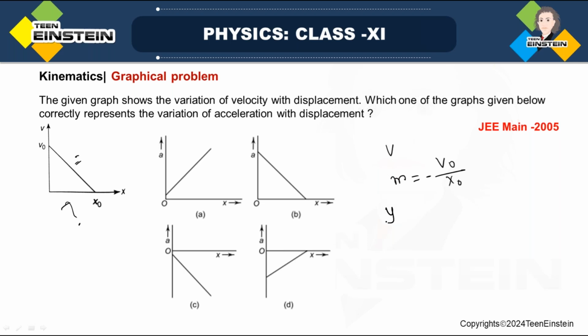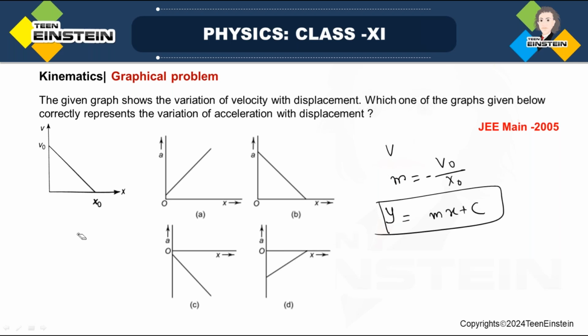So what is the equation? Equation is, for a straight line, this will be mx plus c, isn't it? And see, this equation is actually a straight line equation. Okay.